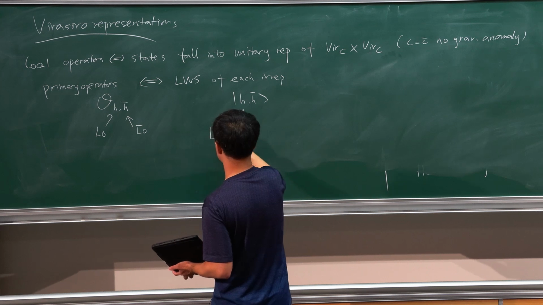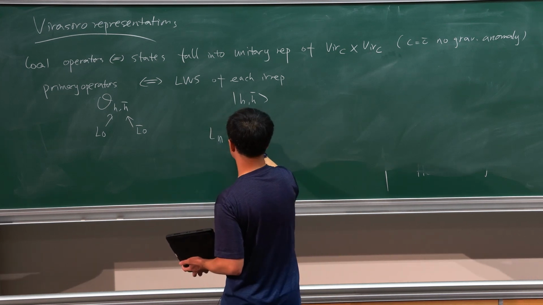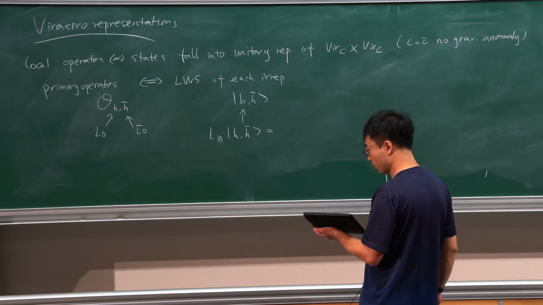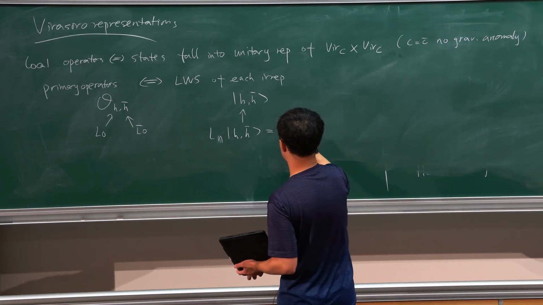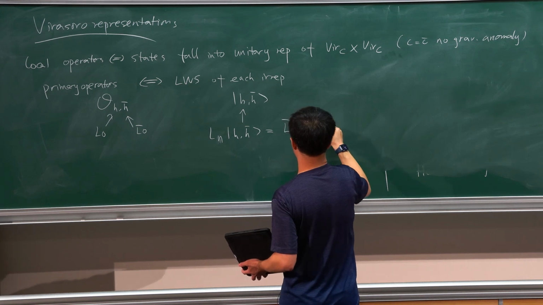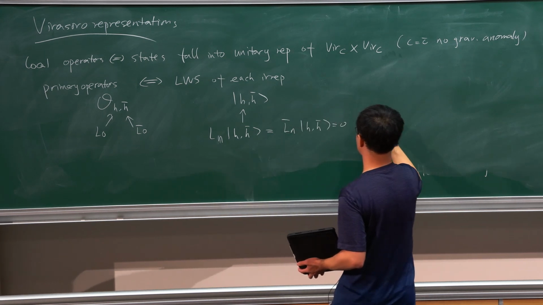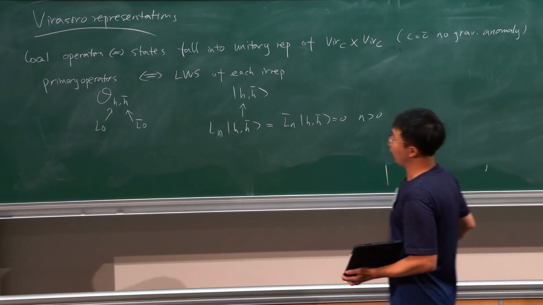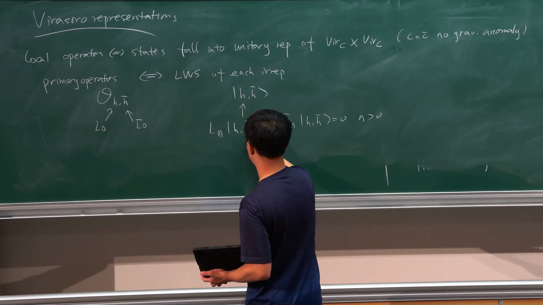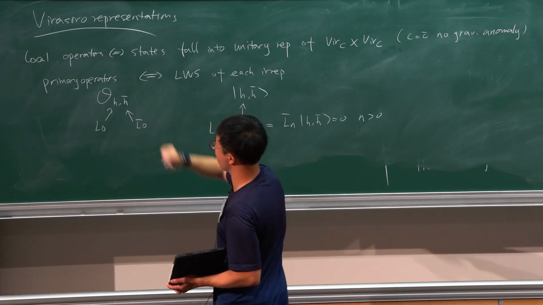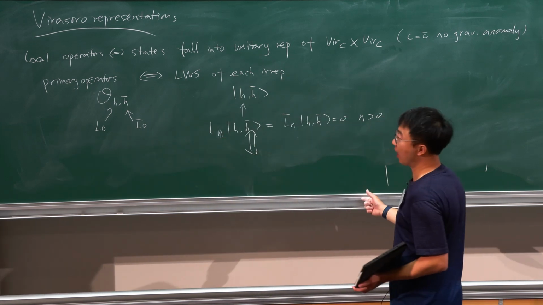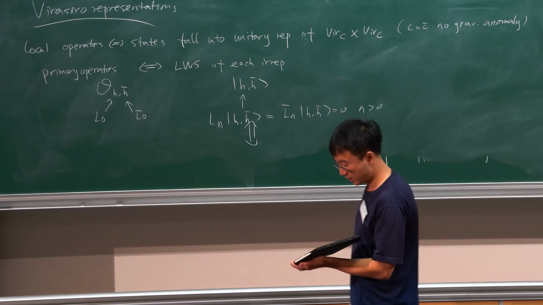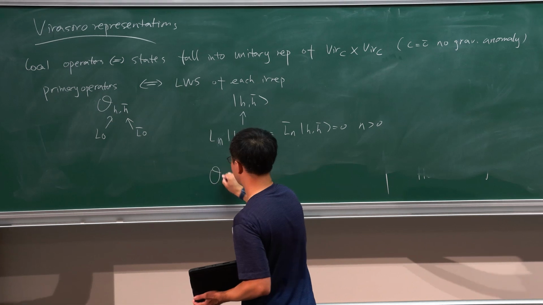They have, in addition, this lowest weight condition, namely they are annihilated by operators that lower scaling dimensions, L_n for n bigger than 0. And this condition, using the state-operator correspondence, dictates how these primary operators should transform, corresponding to this lowest weight state. They transform in the following way.